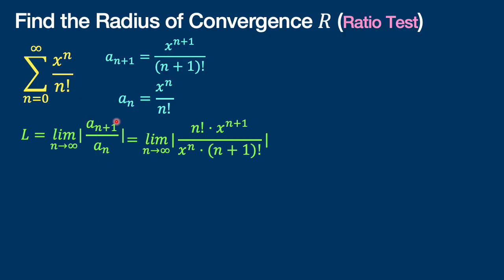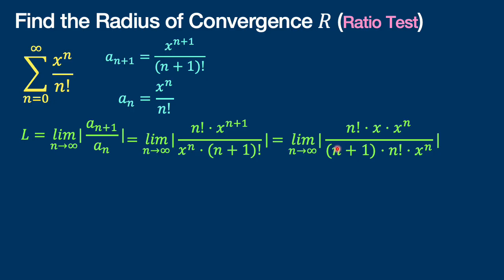Here a_{n+1} is x^(n+1) over (n+1) factorial, and a_n is the reciprocal, n factorial over x^n. So x^(n+1) is x times x^n, and (n+1) factorial is (n+1) times n factorial. Cancel out n factorial, cancel out x^n.